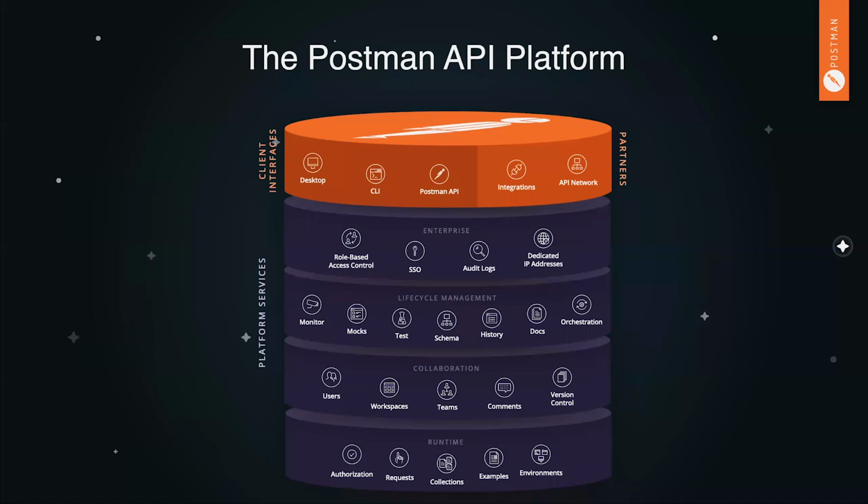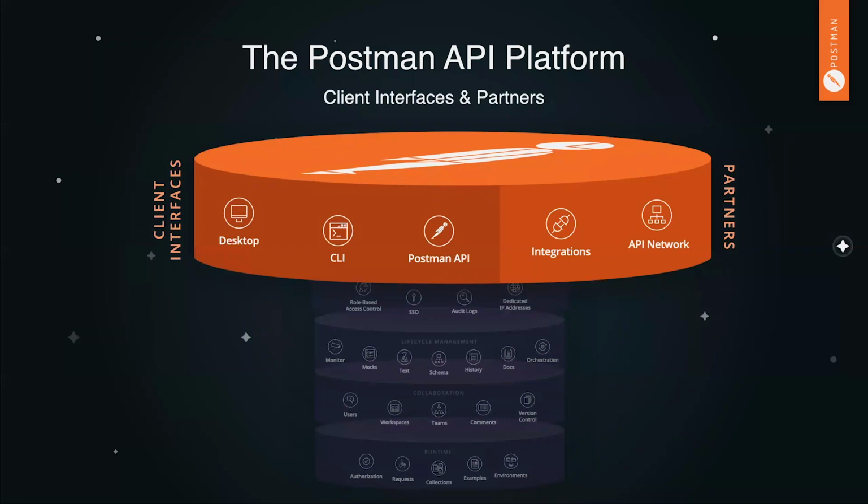The point here really is most people know Postman as a desktop client. This left hand, single area here. But really, when it comes to CLI and what's possible with Newman, and everything I just showed you is Postman API driven. This is how you're going to get things done.